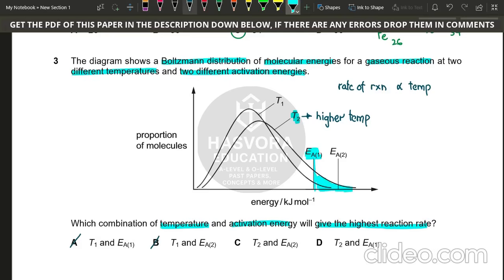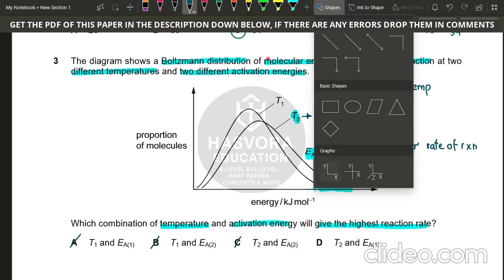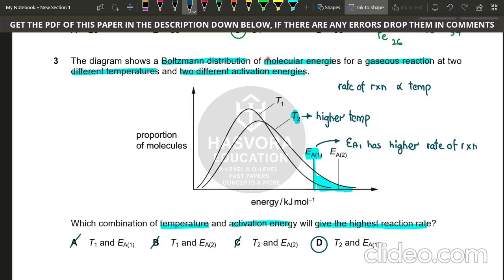This means that EA1 has a higher rate of reaction, because the rate of reaction is how much the reactant is converting to the product, and it can only convert when it reacts together. So EA1 has a higher rate of reaction. So T2 and EA1. C will also be cancelled, and hence D will be our answer.